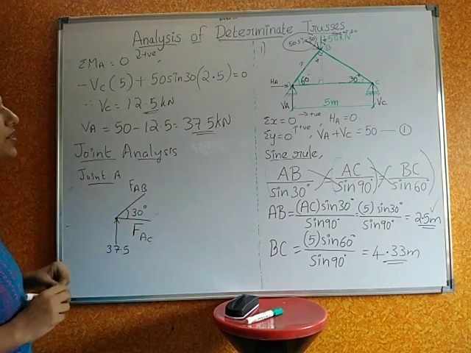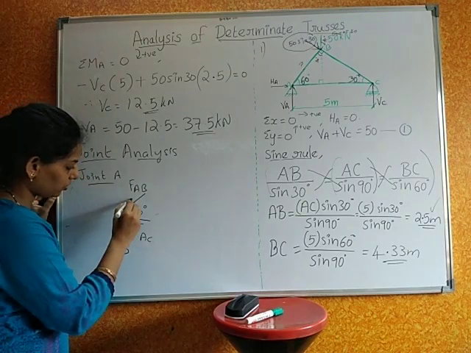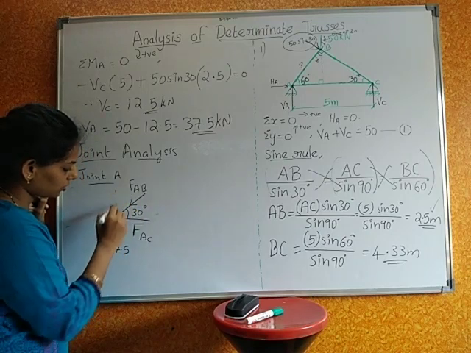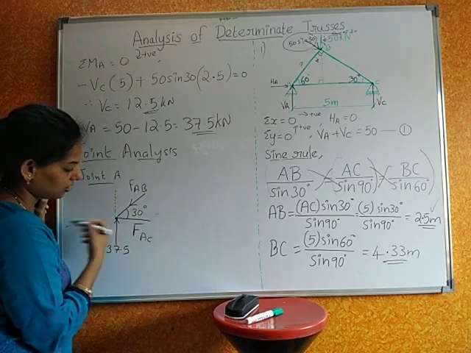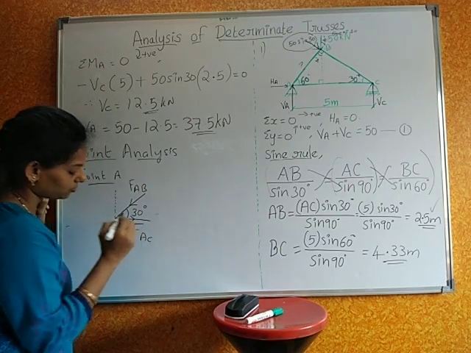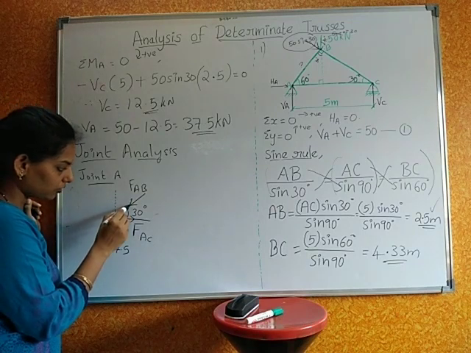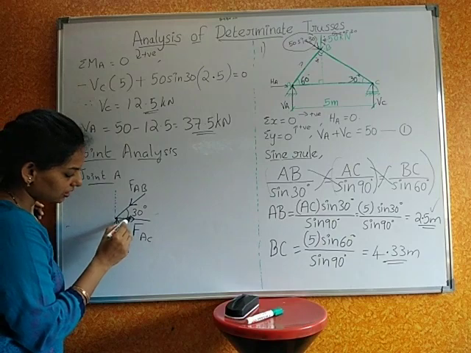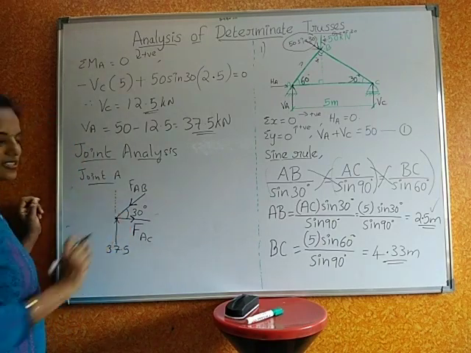Now just assume the direction. Initially this is upward, so you can assume this as downward. While resolving you have this downward and this towards left, so you can assume this towards right. Suppose while solving you get a negative value, then whatever you assumed for this direction is wrong, so just change the direction and solve further. This is just an assumption.